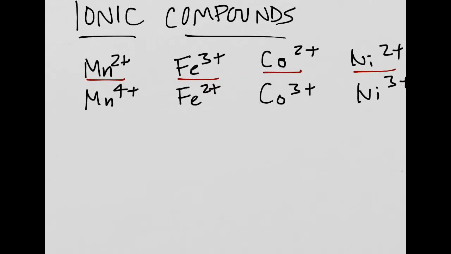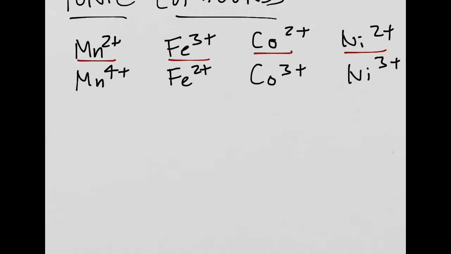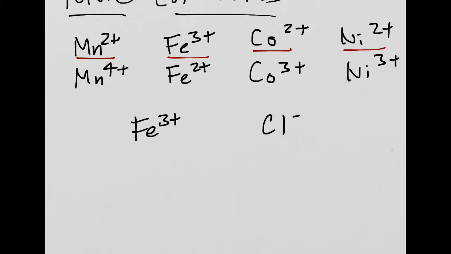This is obviously going to have a significant impact on how you combine the atoms in an ionic compound. So, for example, let's say we want to combine iron with a 3+ charge with a chloride ion with a -1 charge.